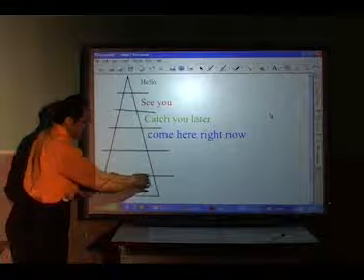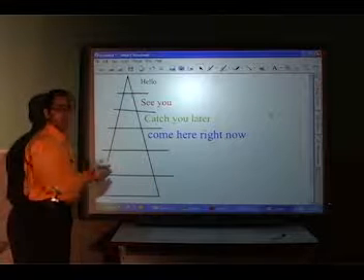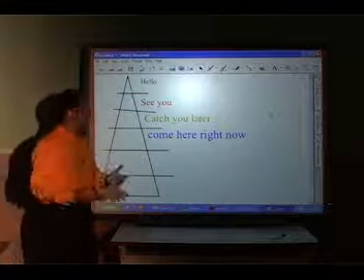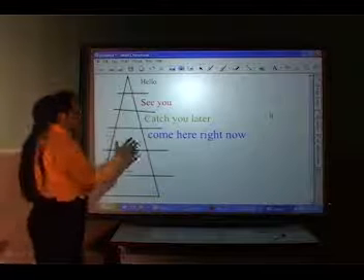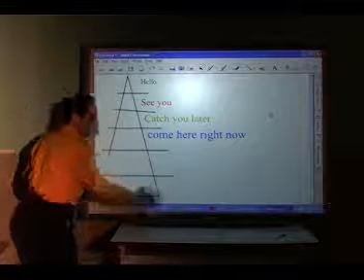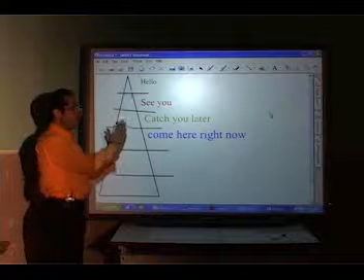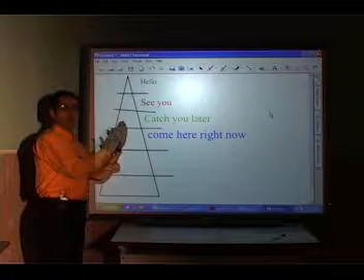Actually, the further down the pyramid we go, the more advanced your students are. So what happens is that instead of going further down, you can also add to the density of the pyramid.